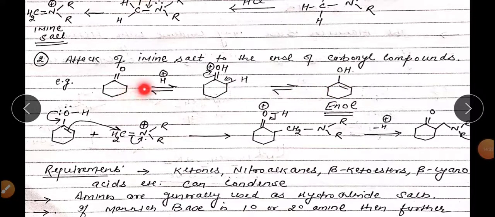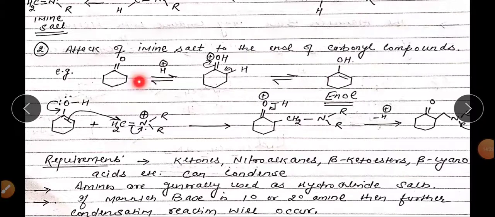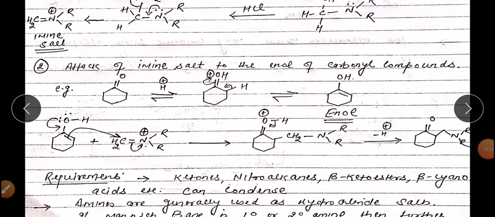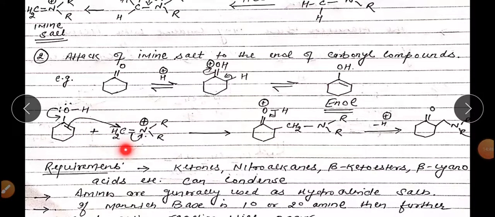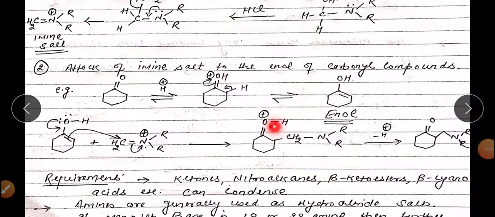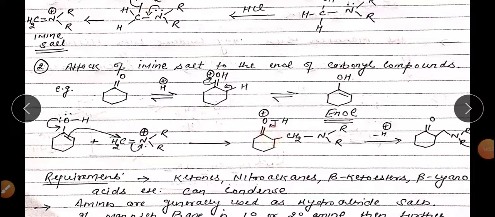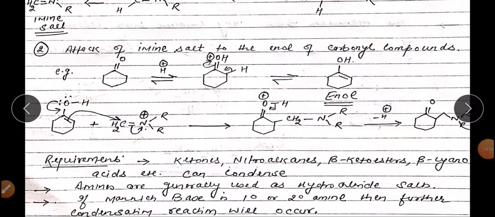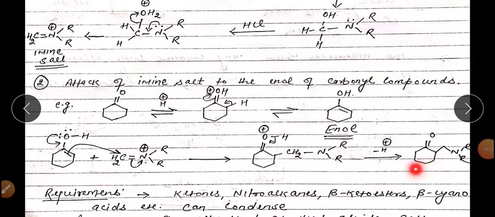So in the second step, the ketone reacts with H positive to form enol. Then the enol reacts with the imine salt and gets converted into this, and finally it loses the H positive and gets converted into this. So this is the Mannich base that has been synthesized.